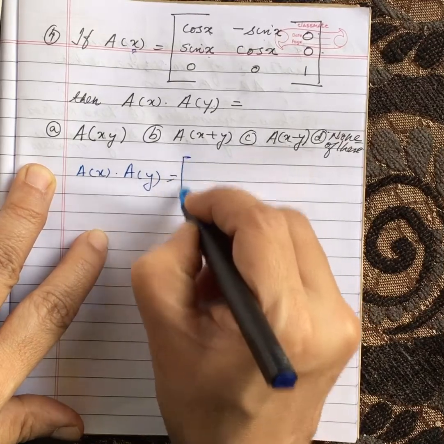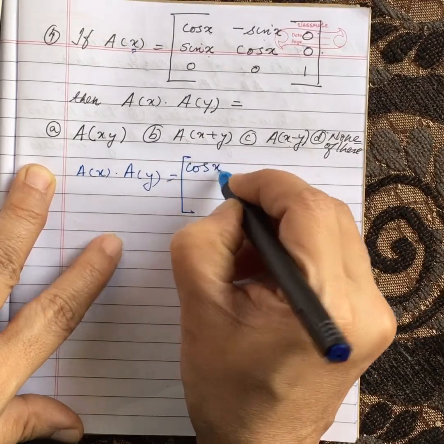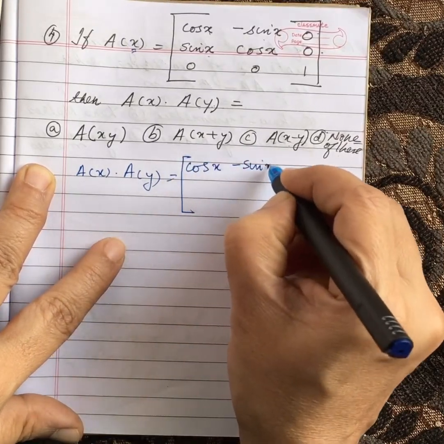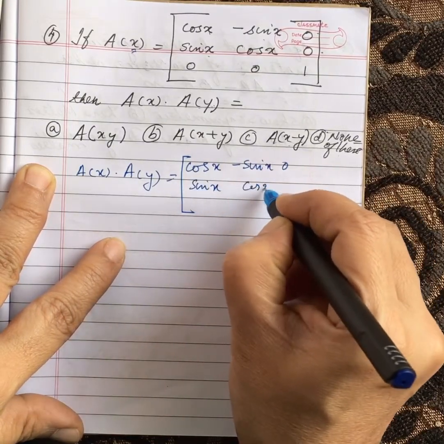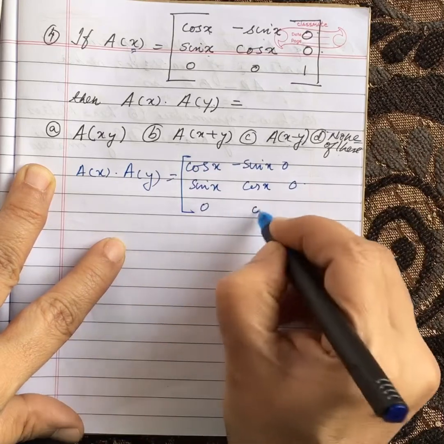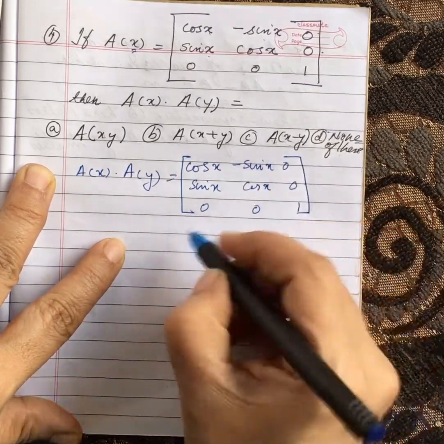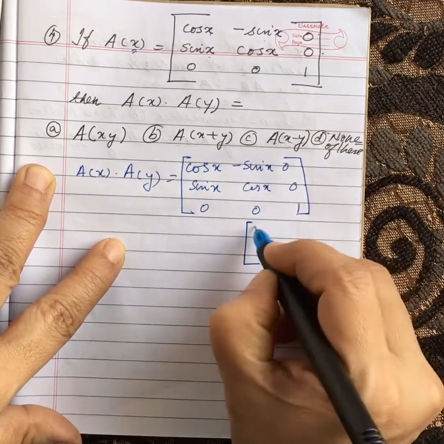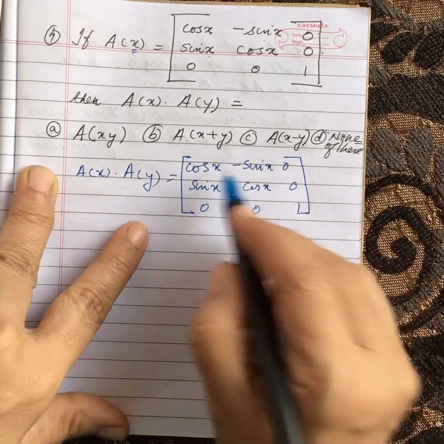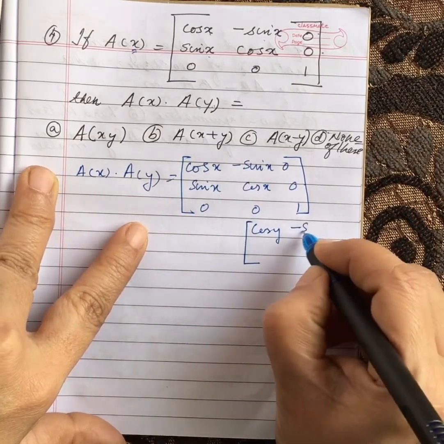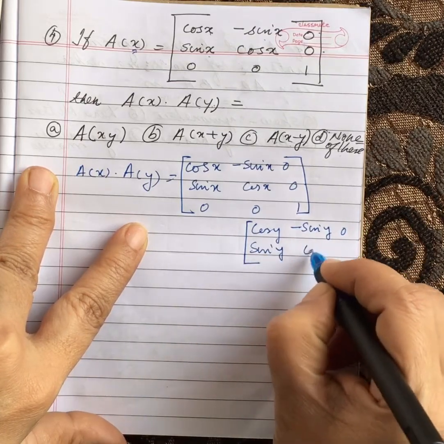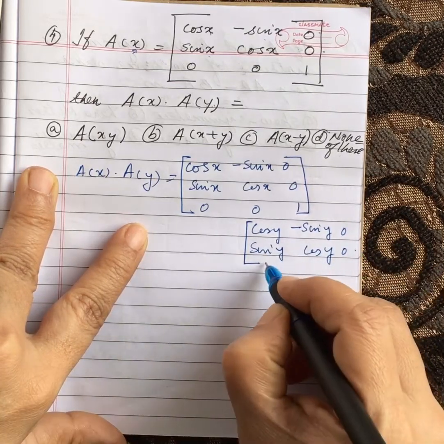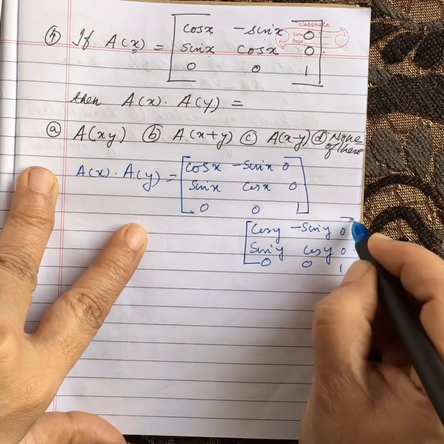A of x is cos x, minus sin x, 0, sin x, cos x, 0, 0, 0, 1 into A of y, where x is replaced by y, so cos y, minus sin y, 0, sin y, cos y, 0, 0, 0, 1.